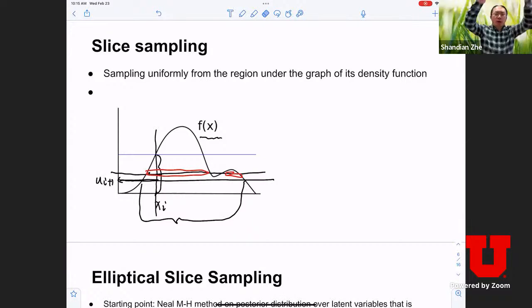Before we go on, we need to specify the joint probability. So P of u and x is like, given x, u is uniform from what?